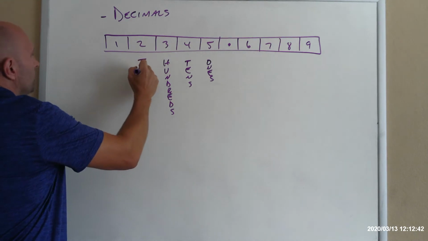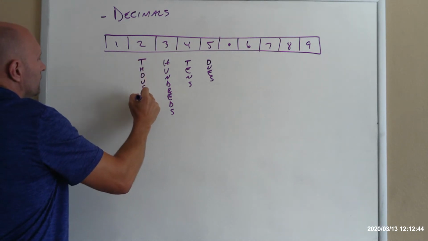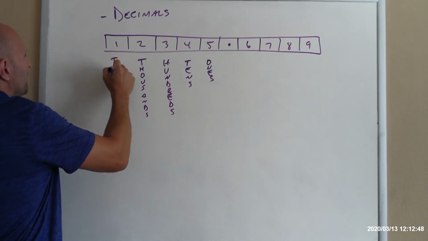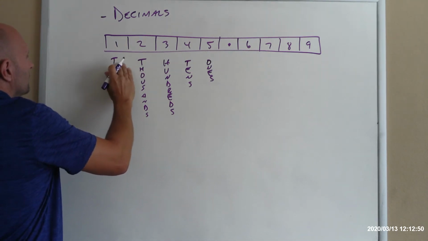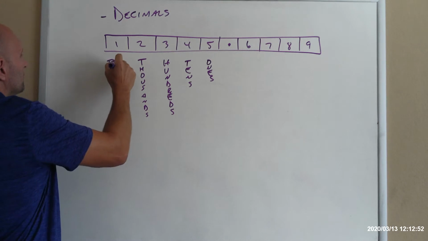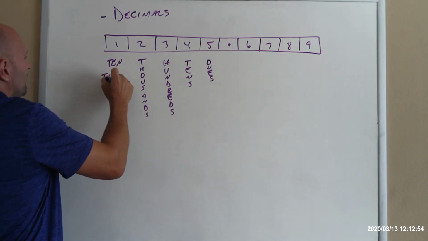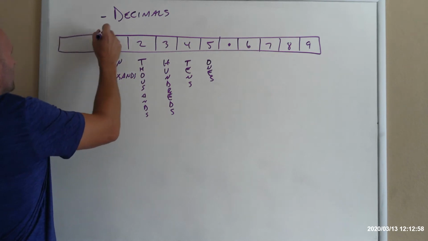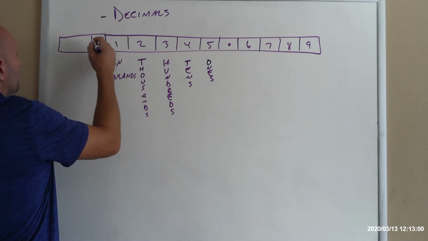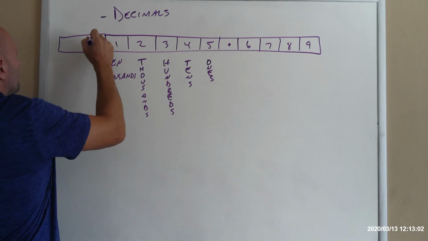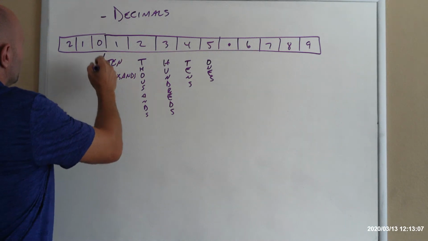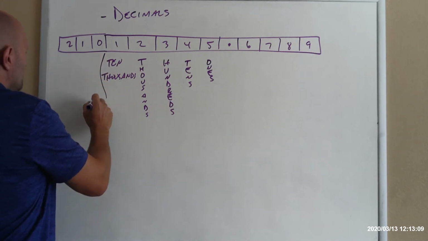2 is thousands. 1 is in 10,000s. I'm going to write this sideways. So if I kept going, so let's say we start going this way here now, so 0, 1, 2. So this 0 is in hundred thousands.